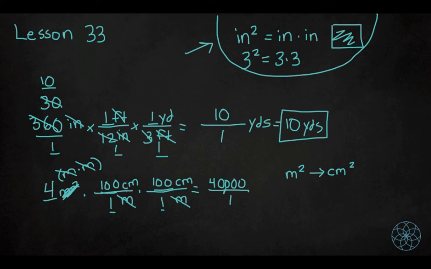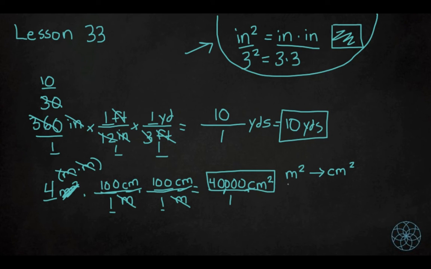And then we have centimeters times centimeters. So just like inches times inches is inches squared, centimeters times centimeters is centimeters squared. So this would be our answer, 40,000 centimeters squared.